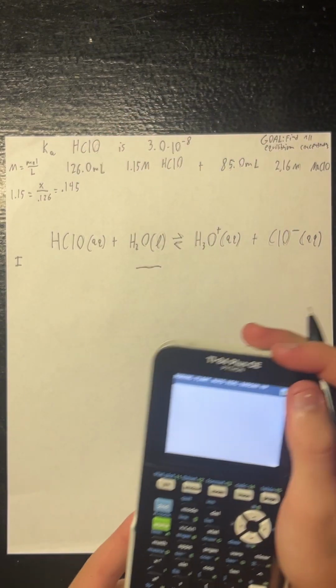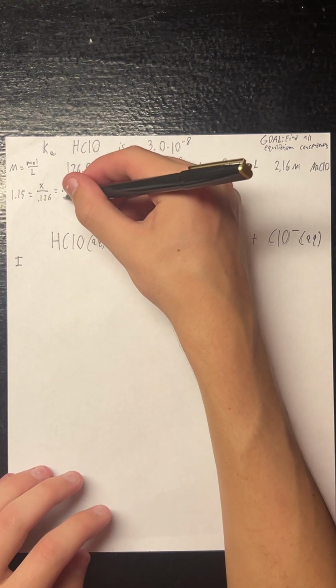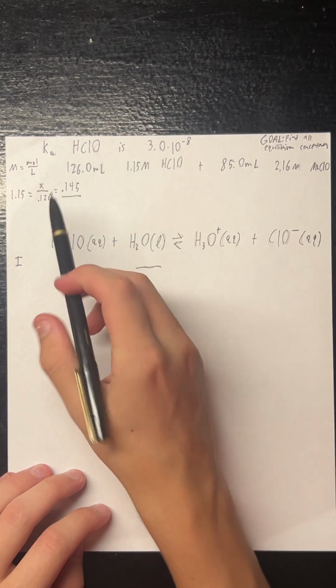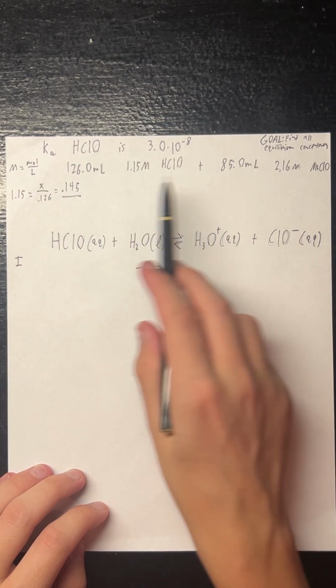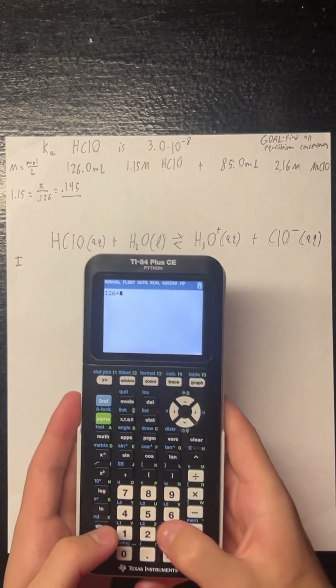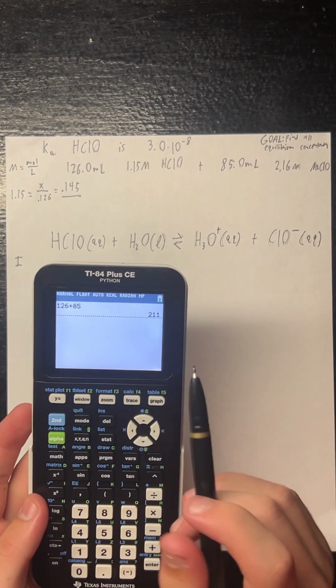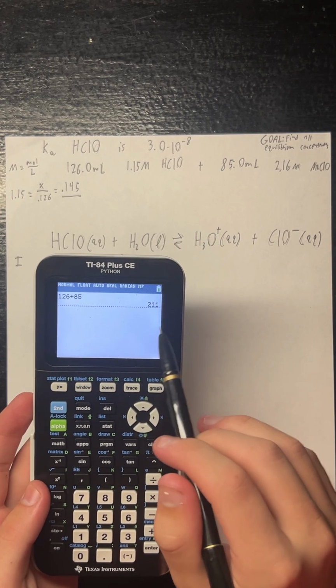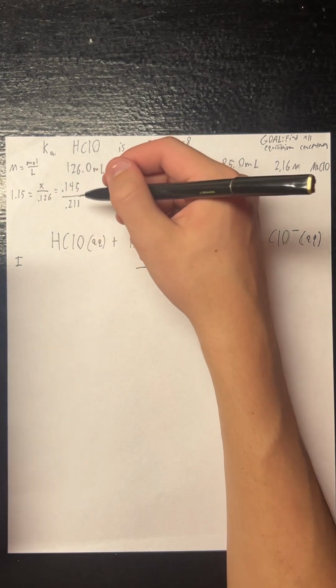Then we have to find the new molarity, so we do 0.145 over our total liters, which we find by adding: 126 plus 85 equals 211 milliliters, or 0.211 liters.